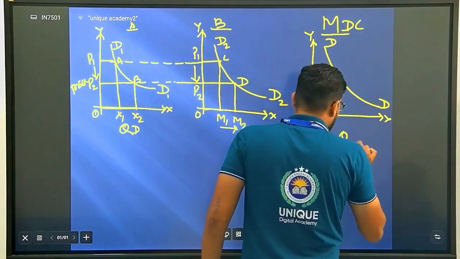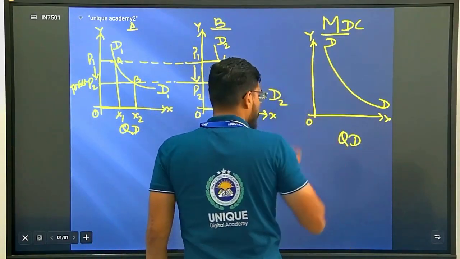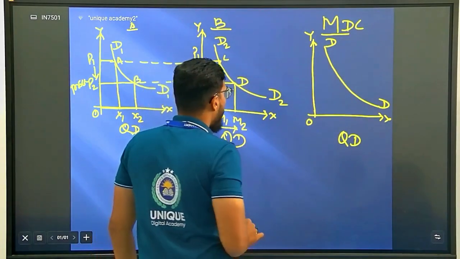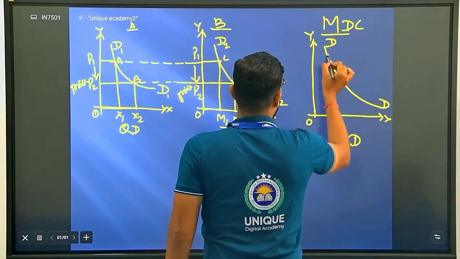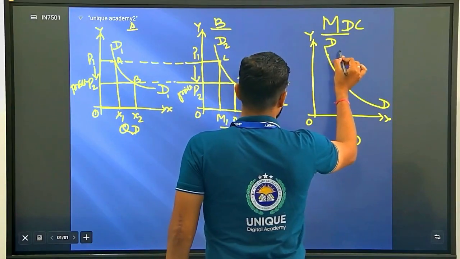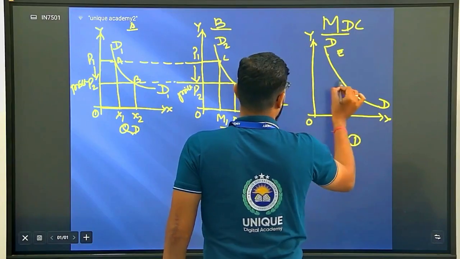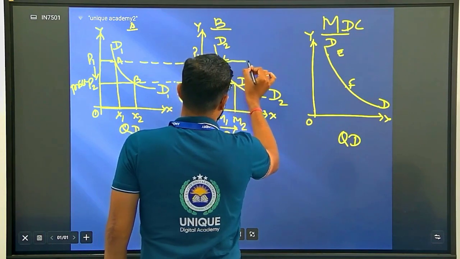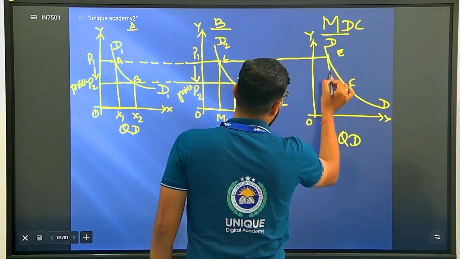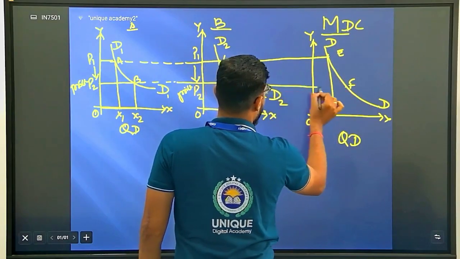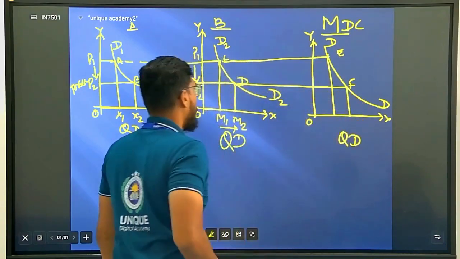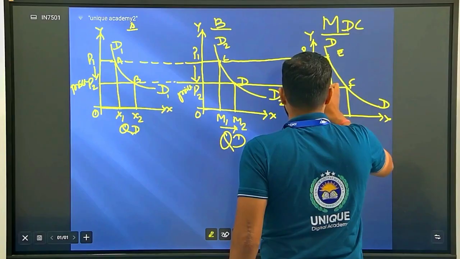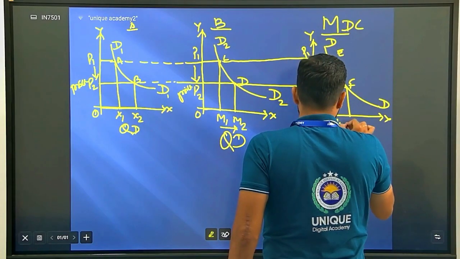X axis quantity demanded, Y axis price. 2 points, E and another one F. So, same prices P1, P2, demand N1, N2.